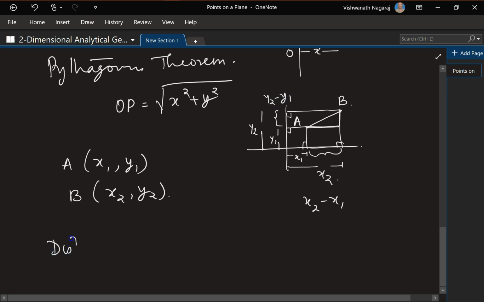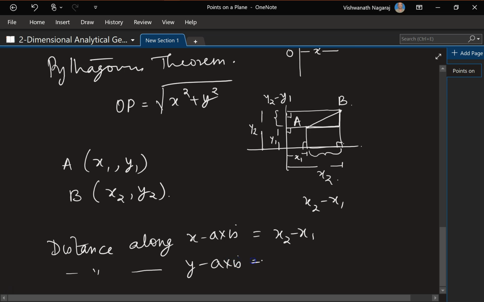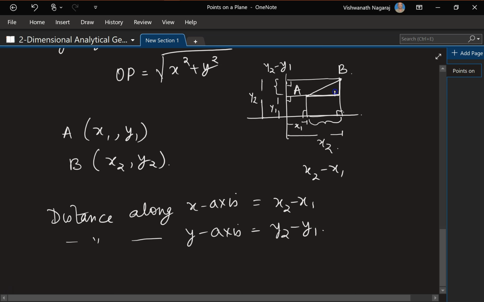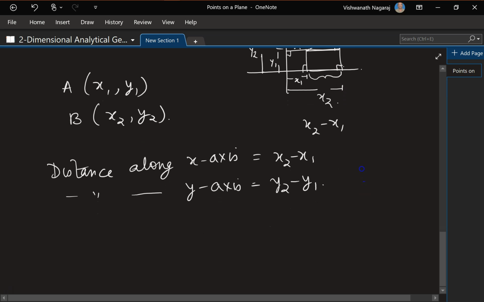So the distance along the x-axis is x2 minus x1, and the distance along the y-axis is y2 minus y1. Again, this is also perpendicular, which means we can apply Pythagoras theorem.